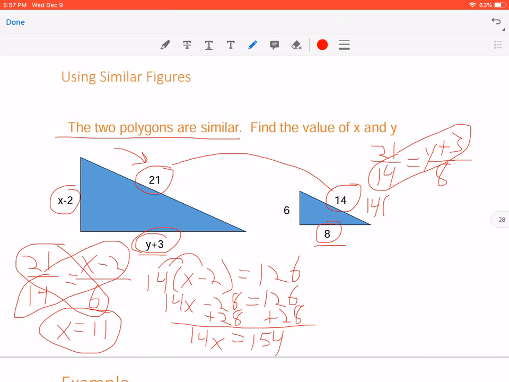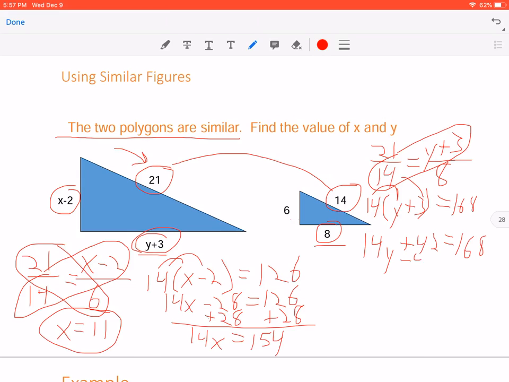That's 14 times y plus 3 equals 21 times 8. That's 168. All right, distribute. 14 times y, that's 14y. 14 times 3 is 42, so 14y plus 42 equals 168.